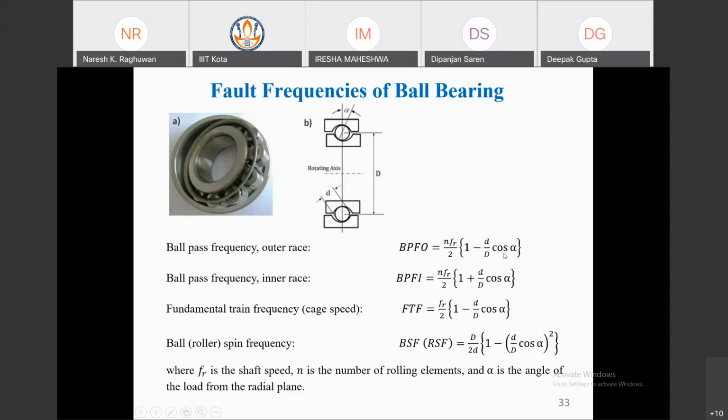And alpha is the direction of load, or contact angle. Generally for bearings alpha should be 0, but in many cases, if the speed is changing, the load is not straight, so some small alpha will be there.